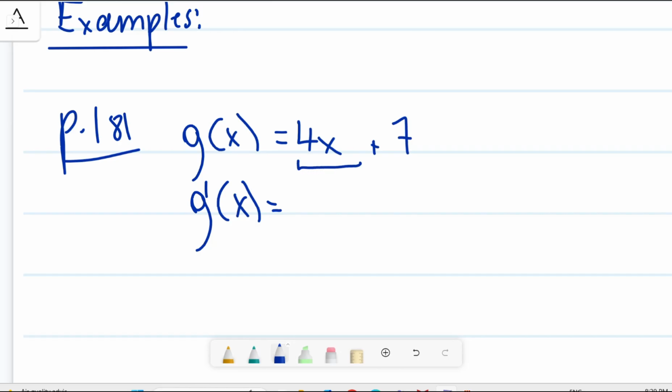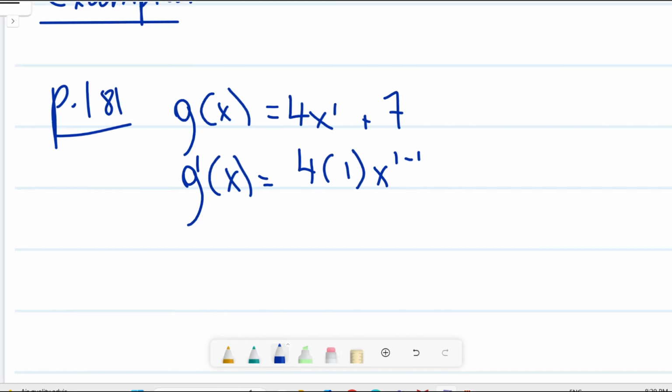Now, let's start with 4x. 4 is a constant. We keep it out. x is x to the power of 1. Let's do the power rule. We drop the power, and then we take x to the power of 1 minus 1. And this is the derivative of 4x.